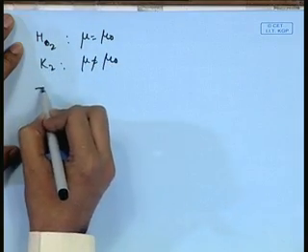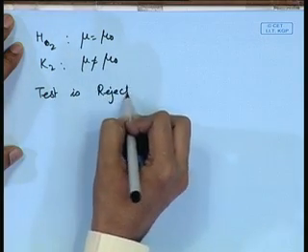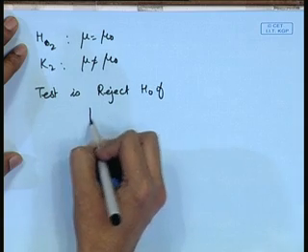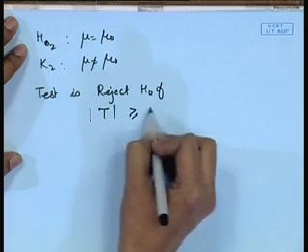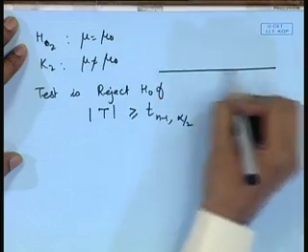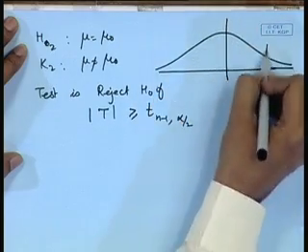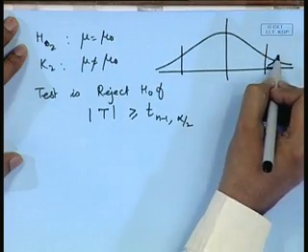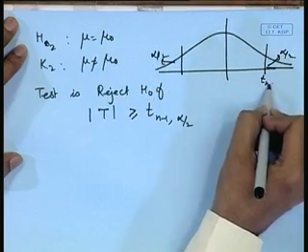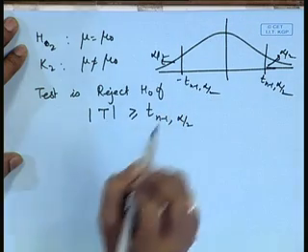Then the test will be: reject H naught if modulus of T is greater than or equal to t n minus 1, alpha by 2. This has happened because now we have the rejection regions on both the sides, and therefore, this probability will become alpha by 2 now. So, this point becomes t n minus 1, alpha by 2. This is minus t n minus 1, alpha by 2.